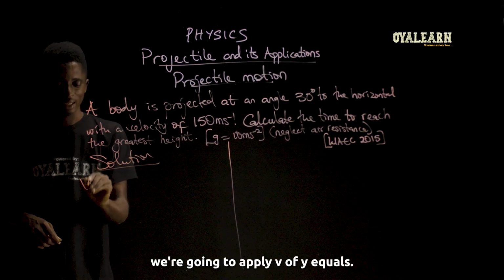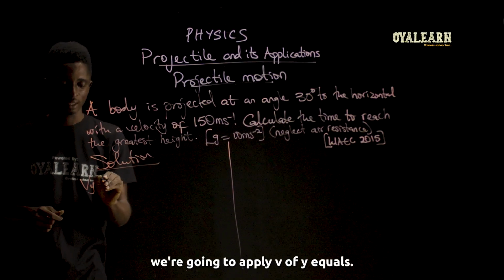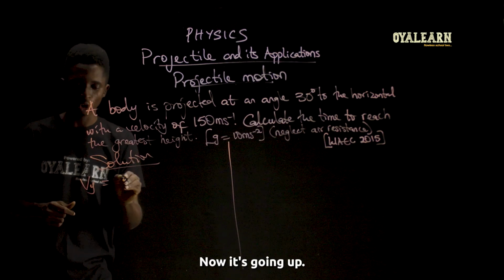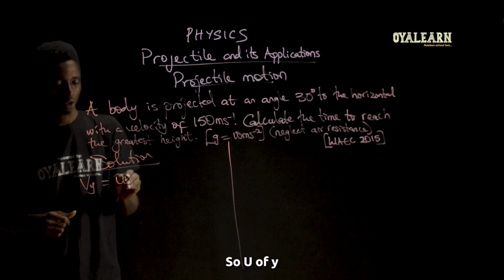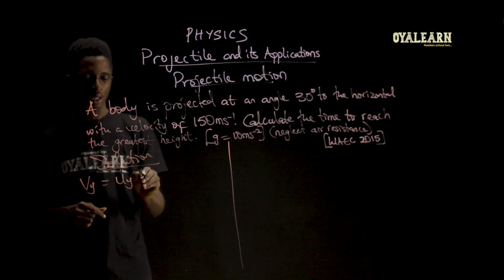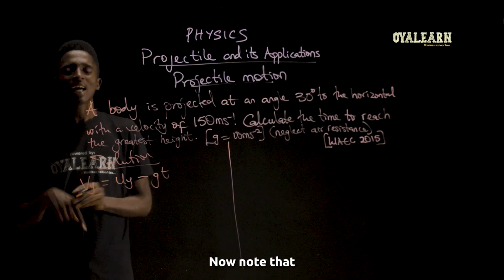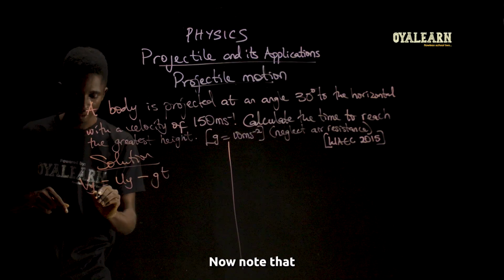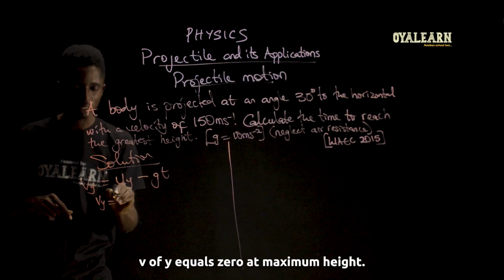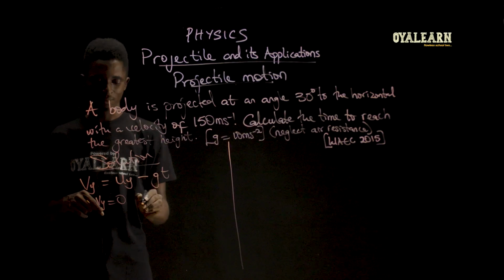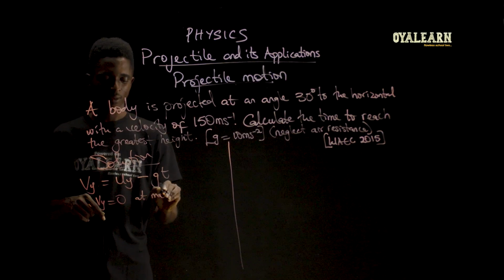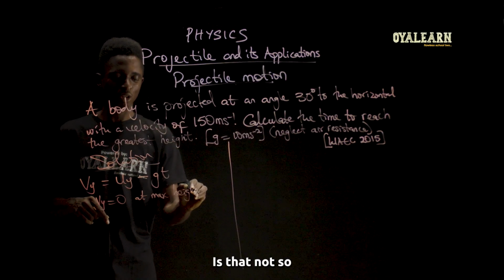We're going to apply v of y equals, now it's going up, so u of y minus gt. Now, note that v of y equals 0 at maximum height. Is that not so?